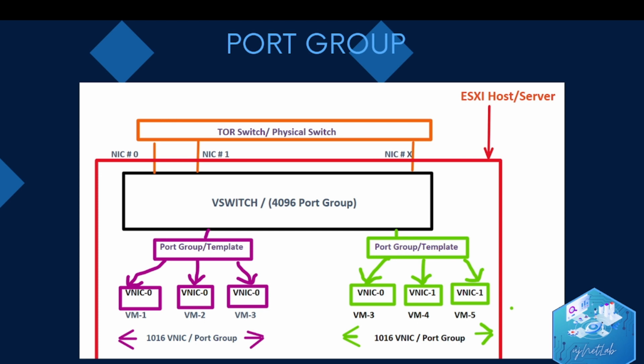So what is a port group? You can think of it as a big port, or you can think of it as a template. To explain in easy words, imagine this vSwitch is a big ship which is carrying small ships, and these small ships will be dropped at one station, and others will be stopped at another station, and the VMs below are the passengers.